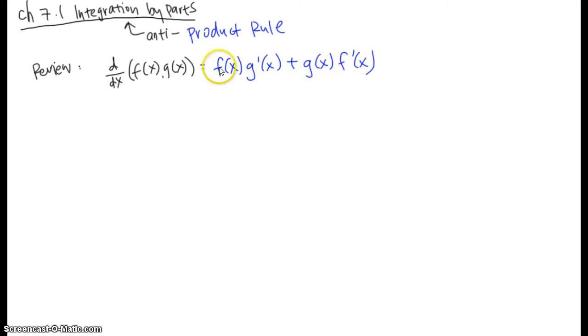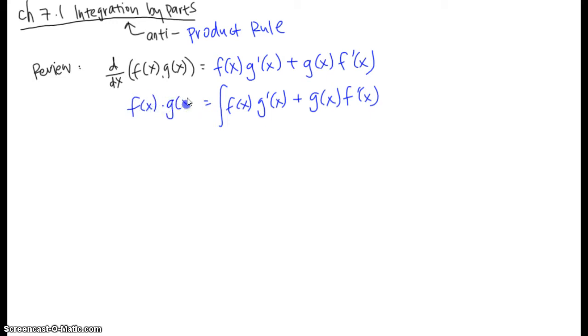Another way to look at this is the antiderivative of this full thing here should equal f of x times g of x, right? If the derivative of this equals this, then the antiderivative of this should equal this. I'm going to add the dx, and I'm going to split this up into two integrals this way.